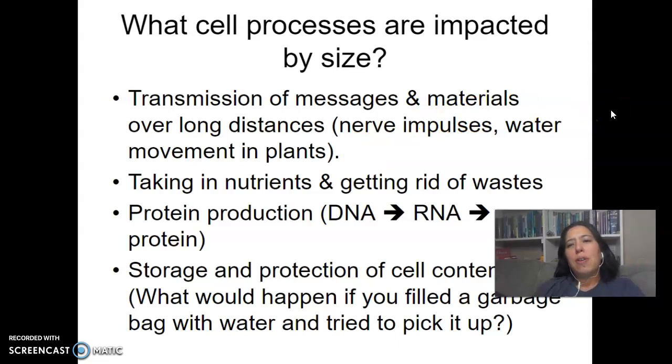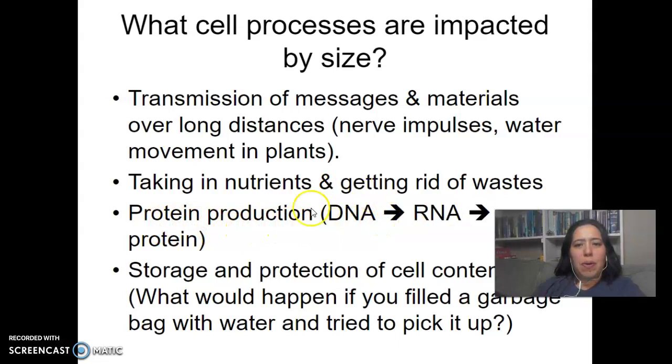This includes nerve impulses, water movement in plants, etc. Also nutrients that are needed for building new organelles or maintaining concentration differences within the cell are going to be affected. Also, getting rid of wastes becomes really difficult when that surface area to volume ratio is too low.